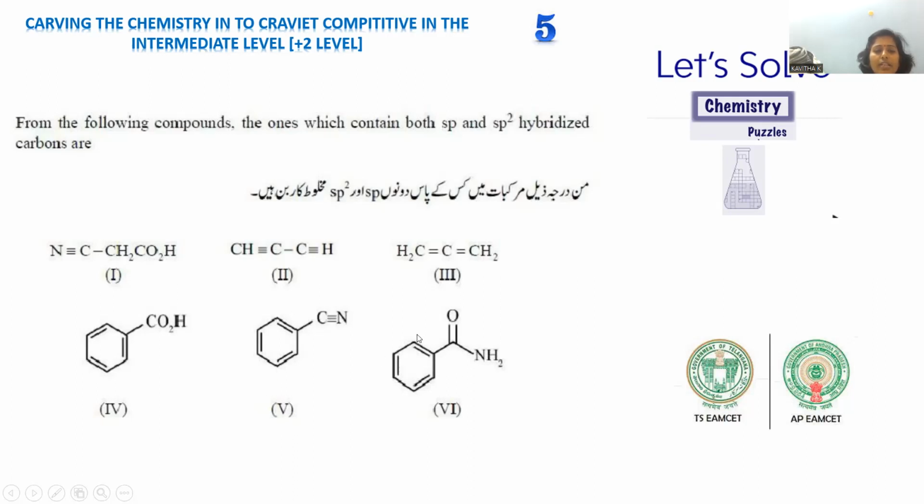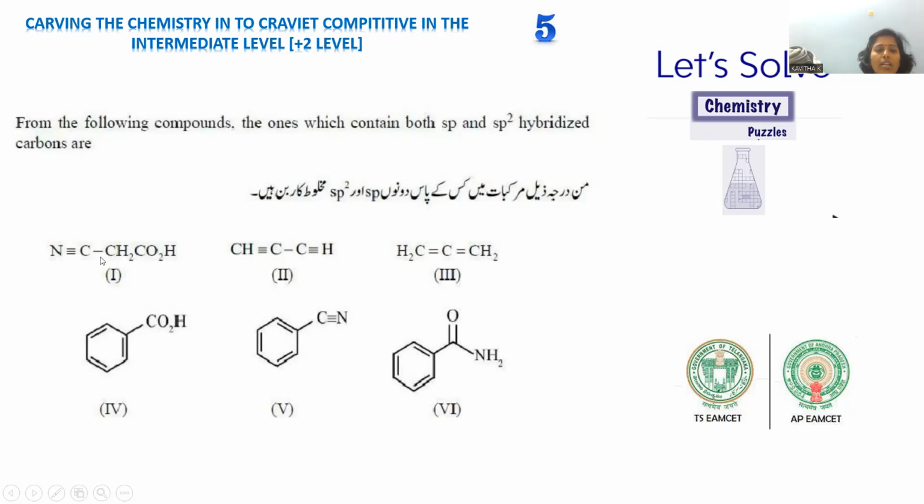And let's go with another compound, an amide. This is a kind of amide compound. In this amide compound, we have a benzene ring, so all those are sp2 carbon atoms. And this compound has a double bond to O. When a double bond is there, this carbon is also sp2. So all 7 carbons of the 6th compound are sp2 only.